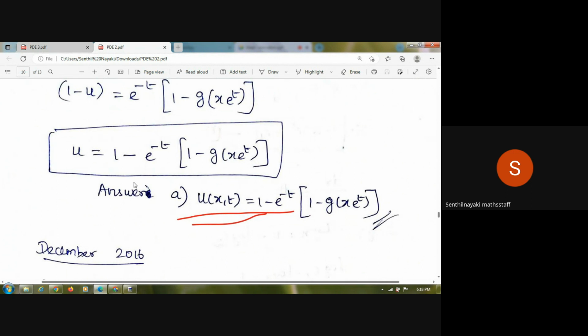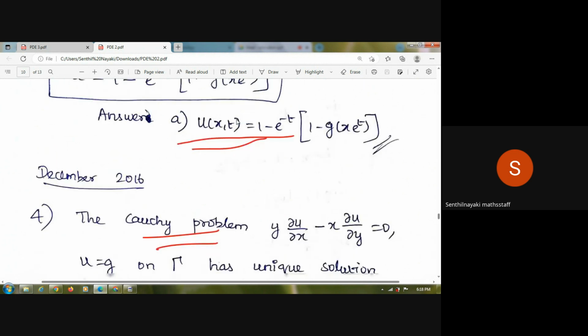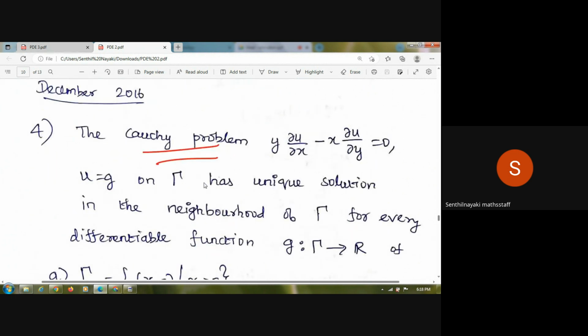In the last class, we have discussed the Cauchy problem. This is one of the important topics in partial differential equations. One more problem is also a very different type of Cauchy problem.